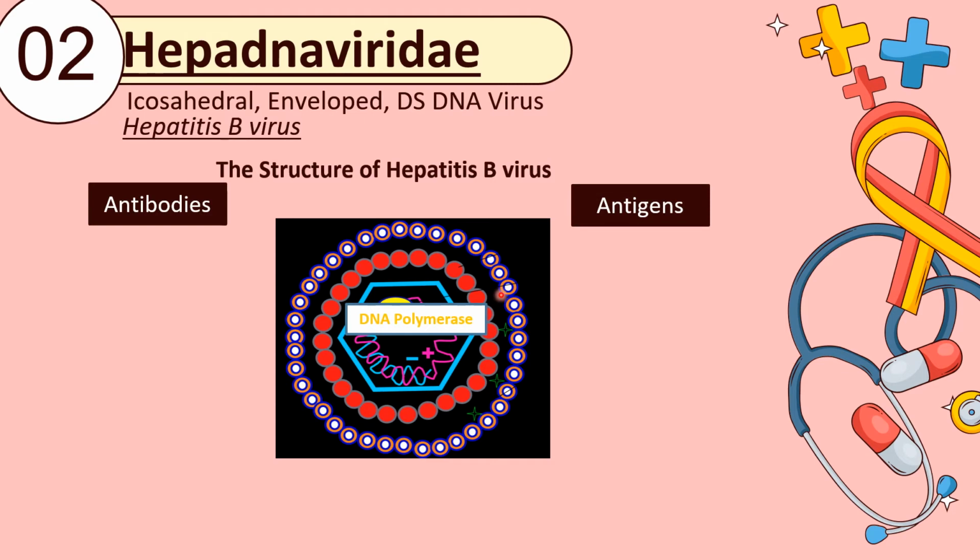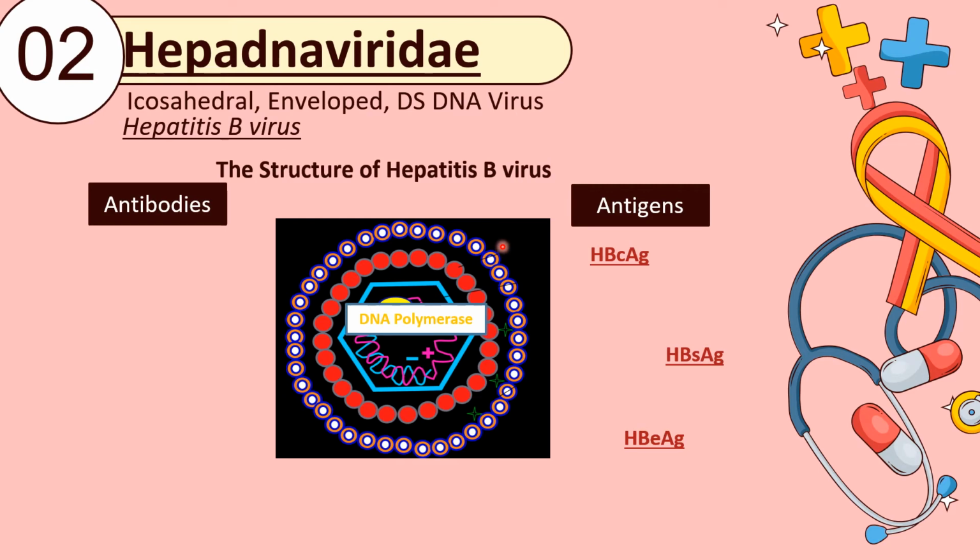If you look at this illustration in the slide, you will see that the hepatitis virus, at the center of it, is a DNA polymerase, which is made up of double-stranded DNA. And on the surface of the virus are antigens. These antigens induce an immune response once the virus enters the body.